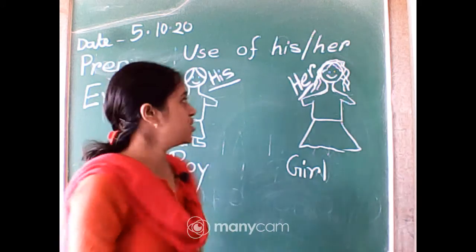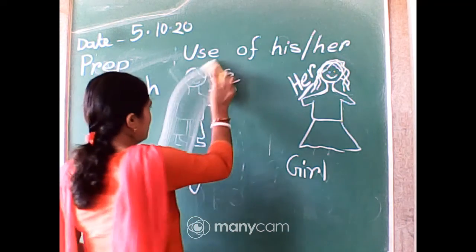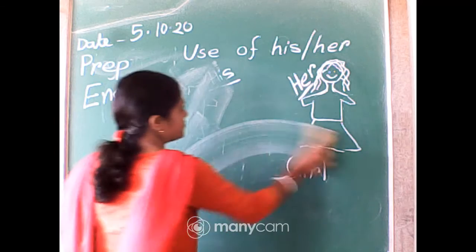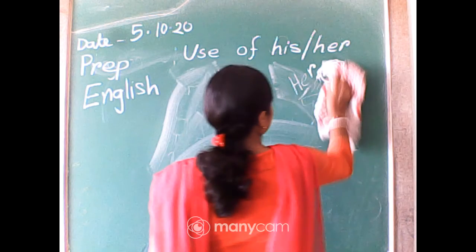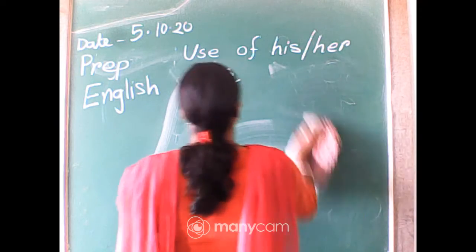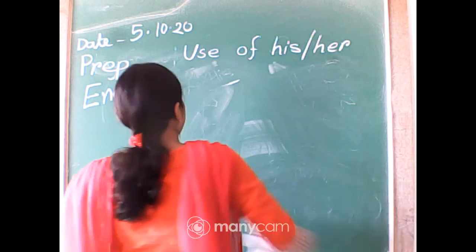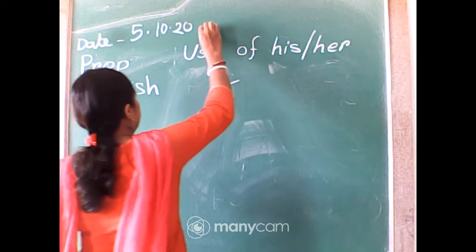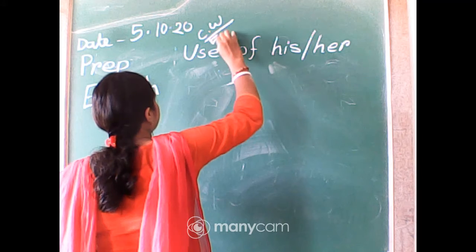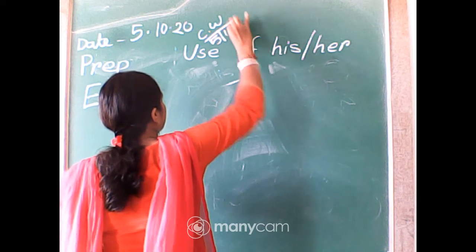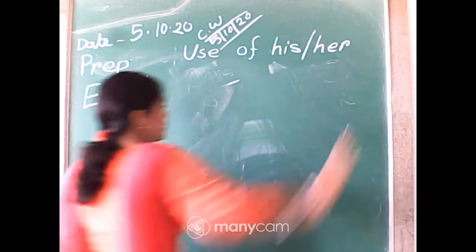Now take out your notebook. All of you take out your notebook, take a pencil and write down CW, date, and today's date.